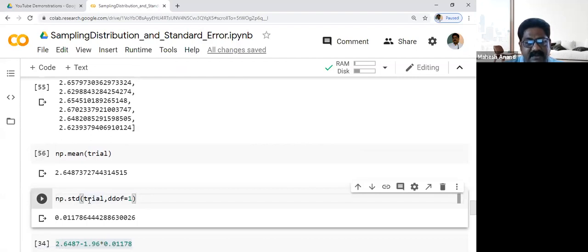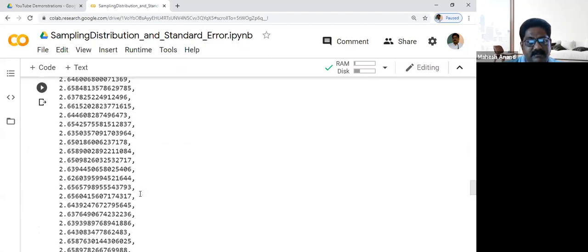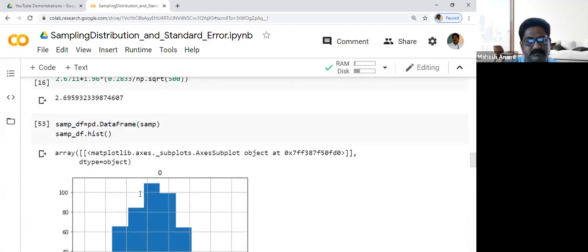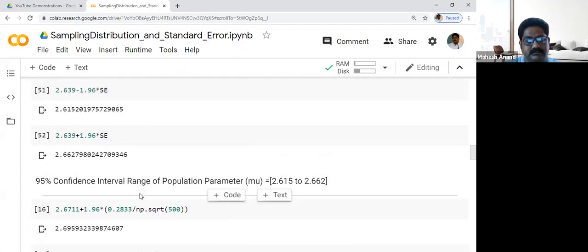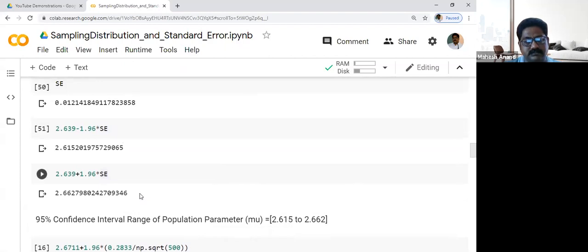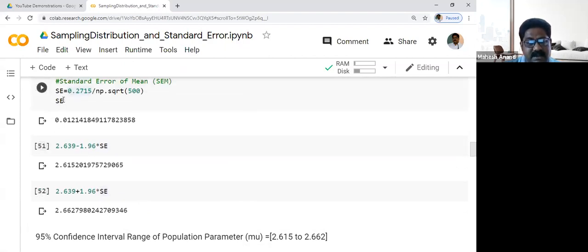So the standard deviation of these trials gives 0.0117 as a standard error. What is the standard error when I do only one round? 0.0121.